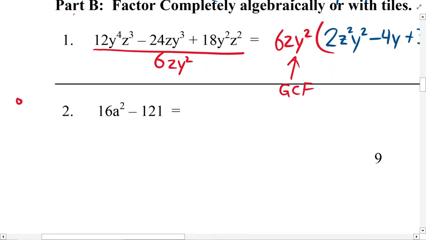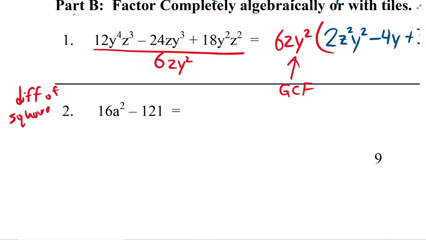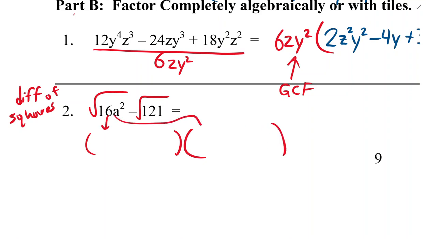Next one. So the first one is GCF. This one is a difference of squares. So this is where you square root the front. Is there a GCF? GCF first, no GCF. So square root the front. So 16a squared becomes what? 4a and 4a.